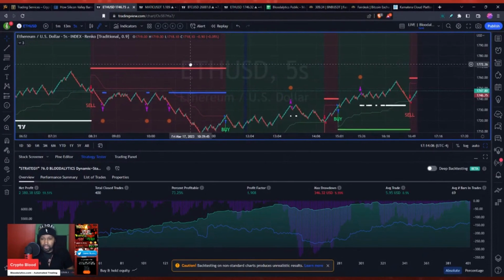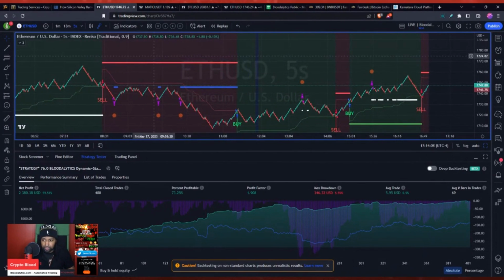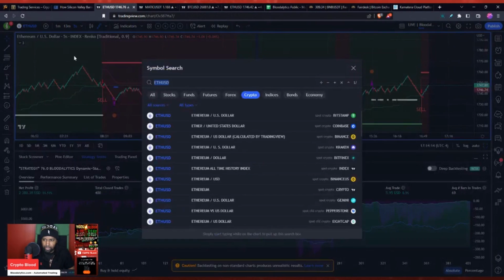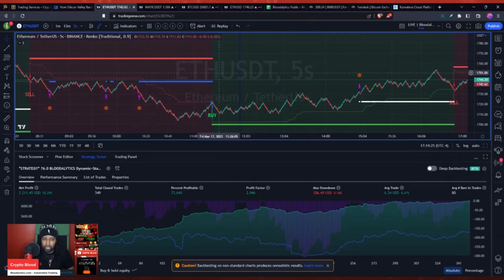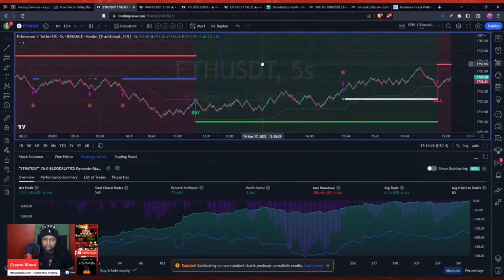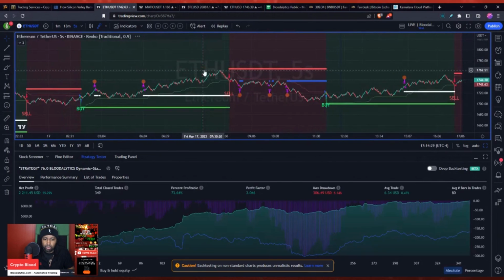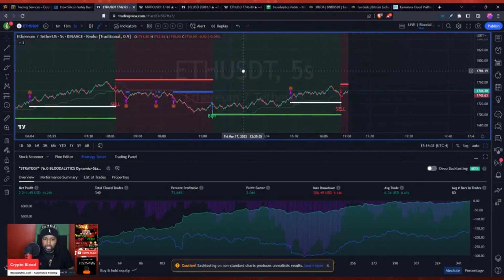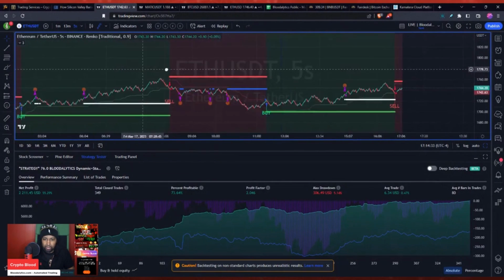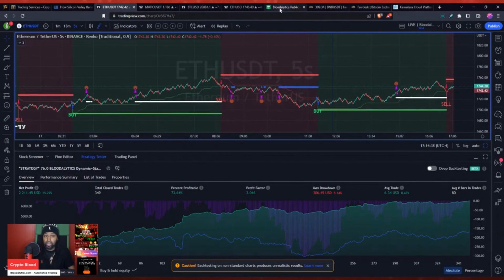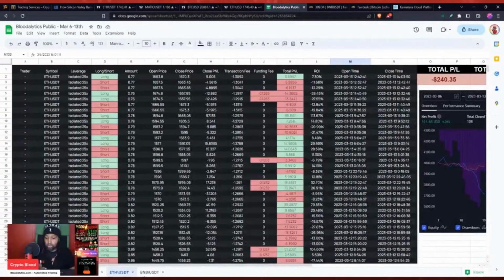So this past week, or this week we're in now, we're wrapping up now, I think I'm using Ethereum USDT using Binance's feed. Okay, so this is what we're using now. This should give us the most accurate performance versus whatever TradingView, the actual algorithm, does.